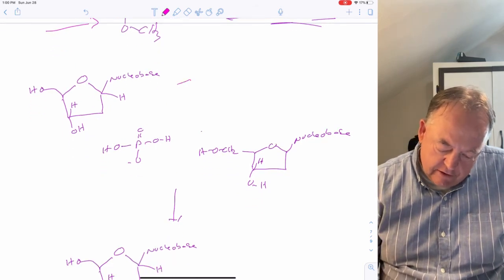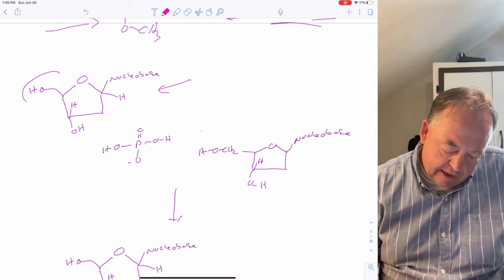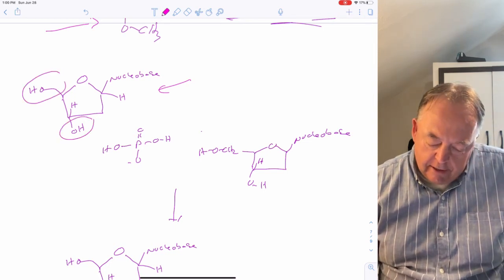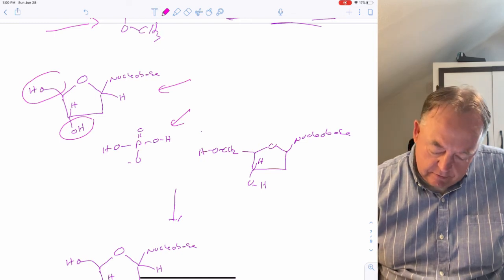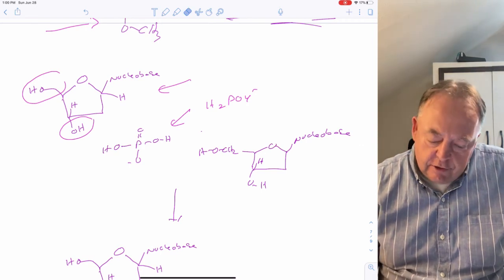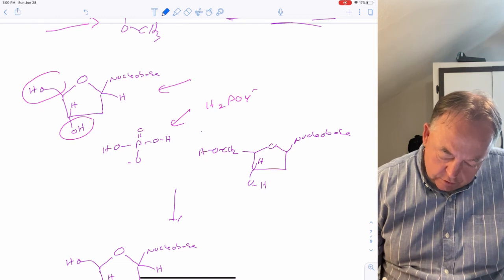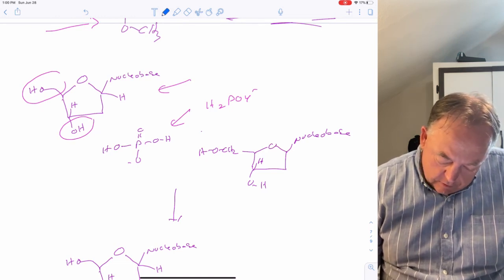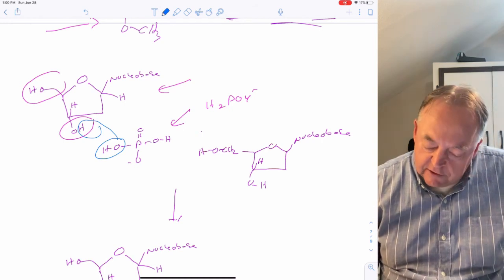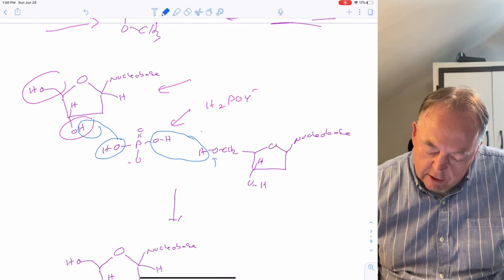So if you have this sugar, so this alcohol, where you have an alcohol there and an alcohol there, and if that reacts with H2PO4 minus, then you can make inorganic esters here as well. Right, so we could lose OH and H here and make a bond from oxygen to phosphorus, and we could lose OH and H here and make a bond from this oxygen to phosphorus.